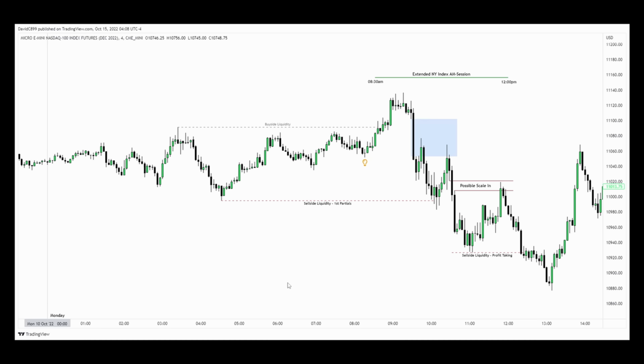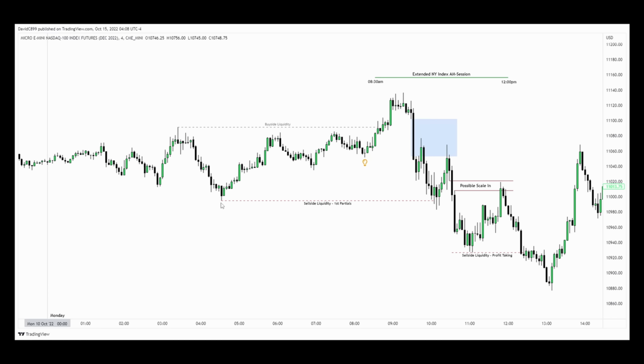This is Monday's trading, start of the week for the NASDAQ100 futures contract. We have raided most recently the buy side liquidity pool. We are operating in the New York Index morning session, 8:30 to 12 p.m. New York local time. Notice that this is the extended New York morning session, and after price raided the buy side liquidity pool, we can see displacement lower, a break of market structure here, and a fair value gap to short from.